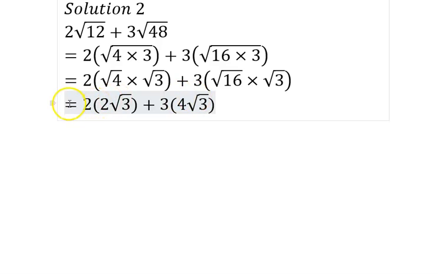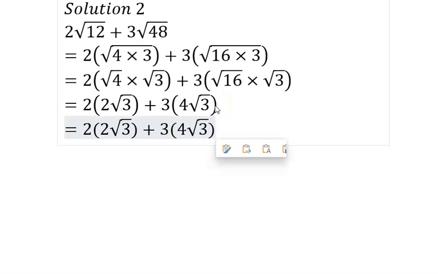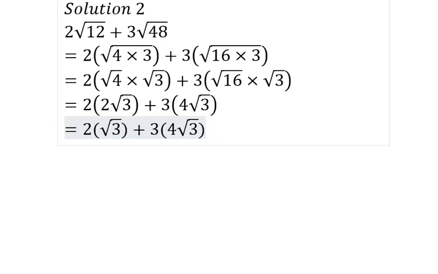Beautiful. So what we need to do now is, this 2 times 2 here will give us what? 4. 2 times 2 will give us 4. Beautiful. And 3 times 4 here will give us 12. 3 times 4 will give us 12.